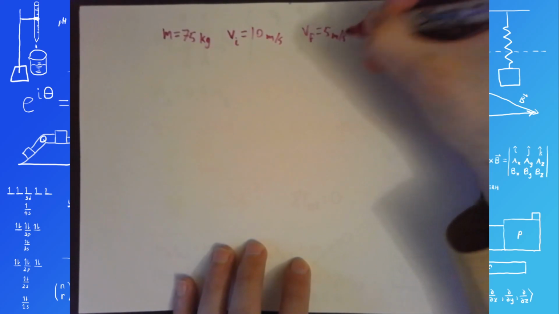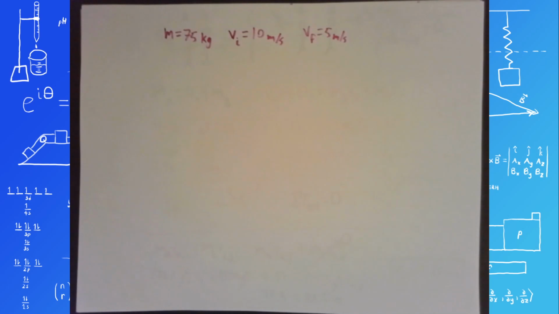Is it still in the same direction? I mean, it better be. If the other skater was stationary, then there should be no change in direction. If the total momentum was to the, let's say, right, and the other person wasn't moving, then the total should still be to the right after collision.